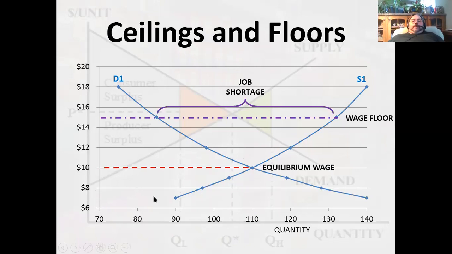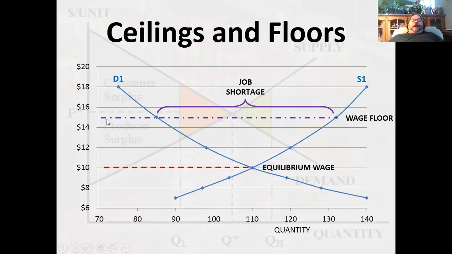So at 7.25, the price floor is below the equilibrium point, no problem. But there's a movement in the country to increase the federal minimum wage to $15 an hour. Now, while I can tell you that currently in Mercer County, the equilibrium wage is at about $11 an hour, we're still going to work with the $10 an hour number here.